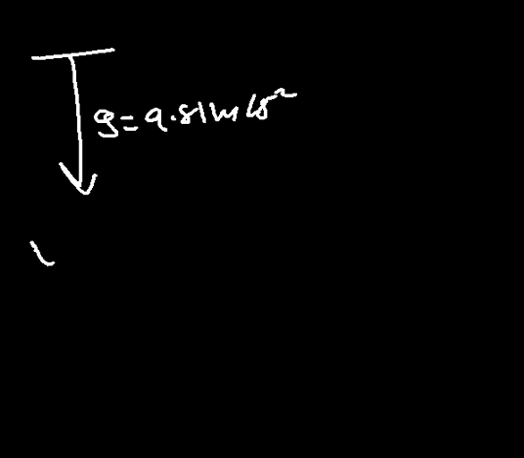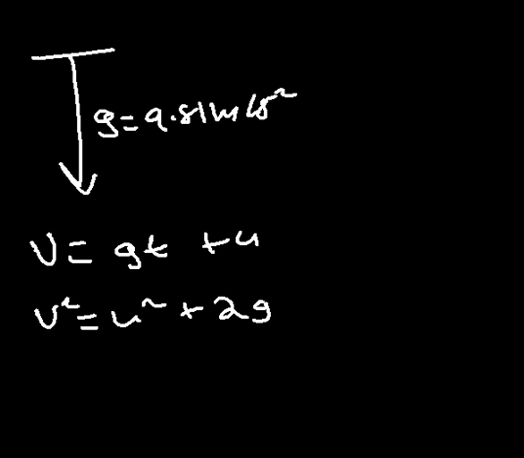Mind you, we said the final velocity is equal to negative g, should be positive. So it should be a positive gt plus u, and I'll have v squared is equal to u squared plus 2gh, where this is the displacement of the height, and also height is equal to ut plus half g t squared.